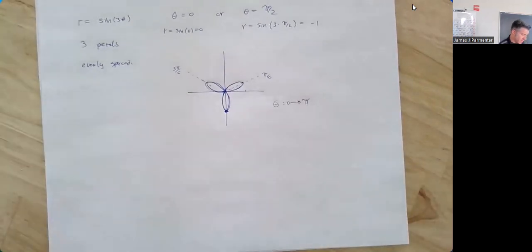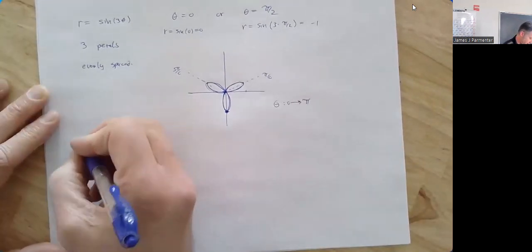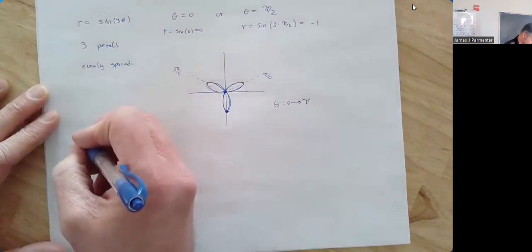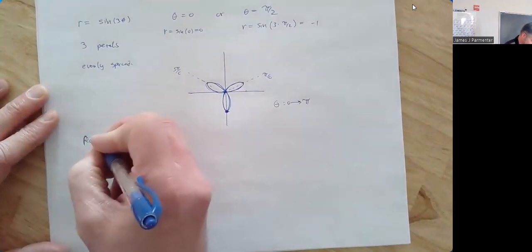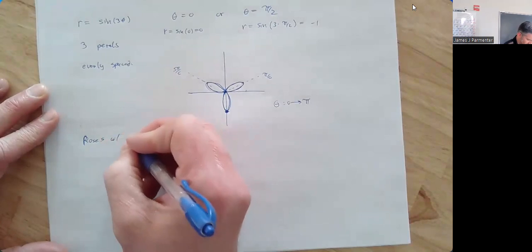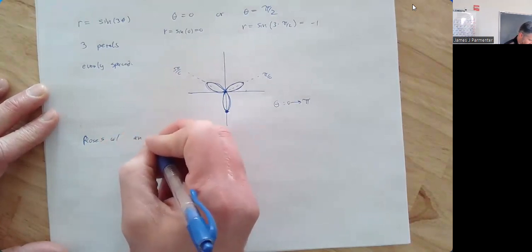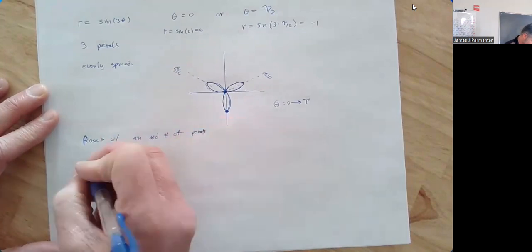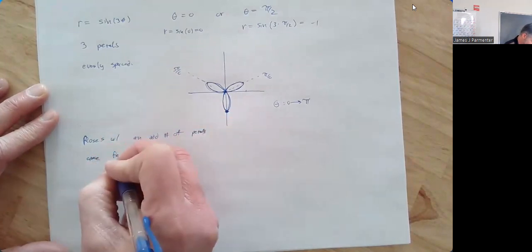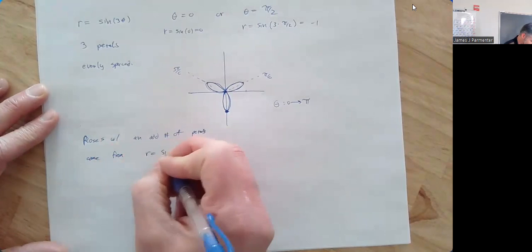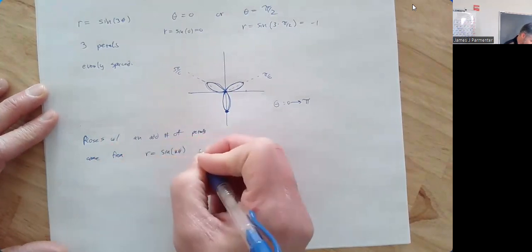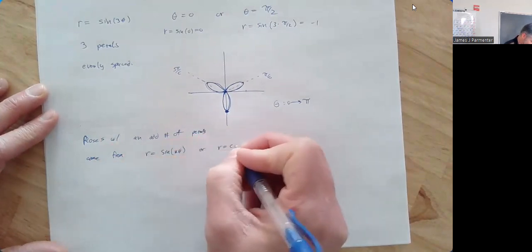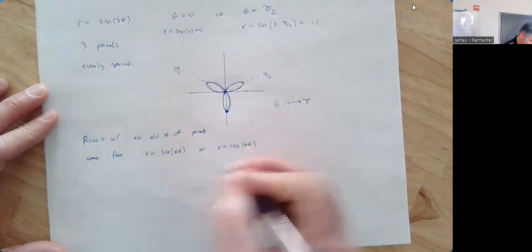So here's what I'll say. Roses with an odd number of petals come from either r equal to sine of n theta or r equal to cosine of n theta, where n is odd.